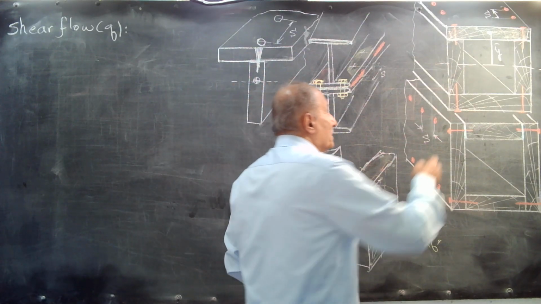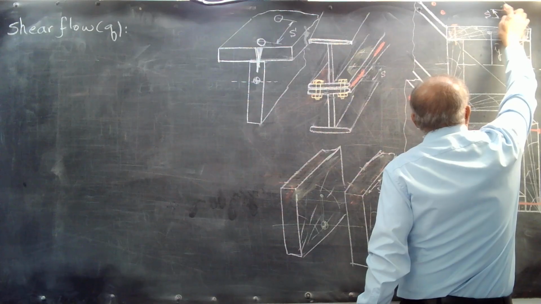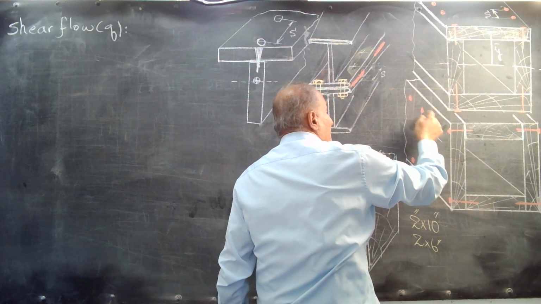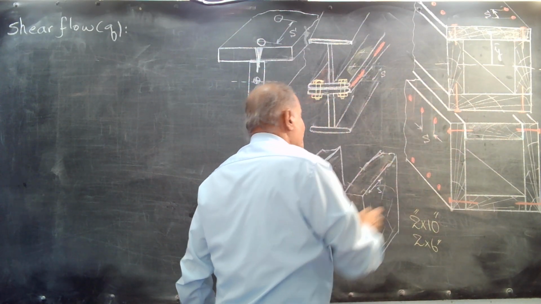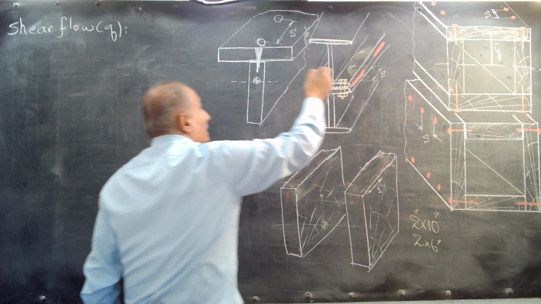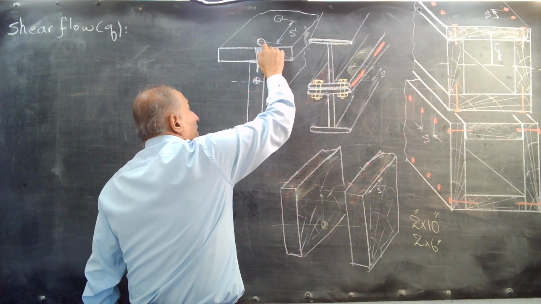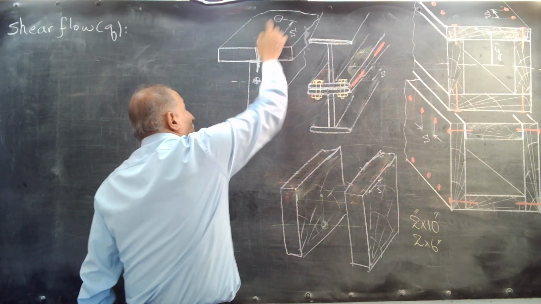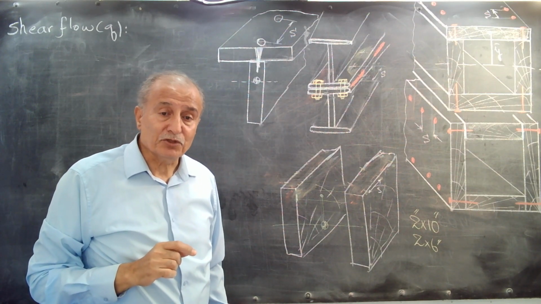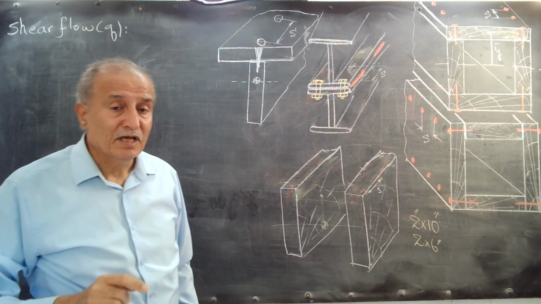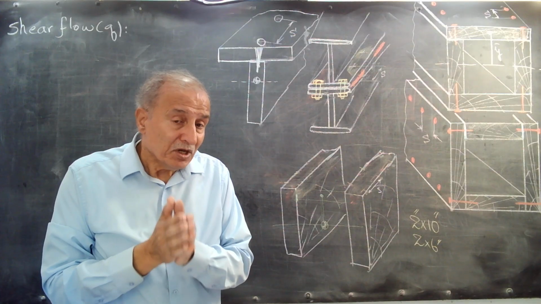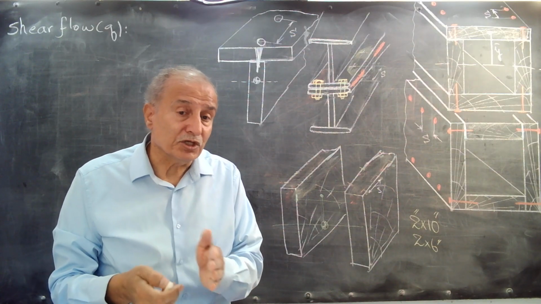The space between nails here is called S, and in this arrangement the space between nails is called S, and here the space between bolts is called S. Again, the space between fasteners, rivets, bolts or screws is called S. We want to calculate S, which means we have to calculate shear flow first.